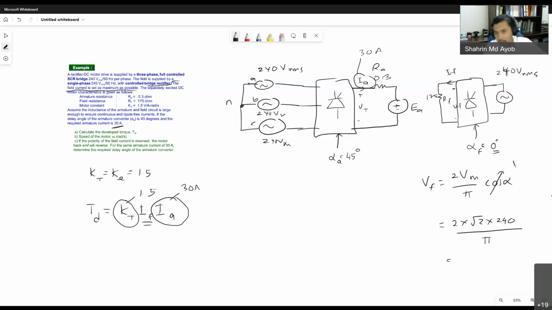So you should get your VF is equal to 678.8 volts. Okay, and since right now the element here is only resistance, your IF can directly be VF over RF.